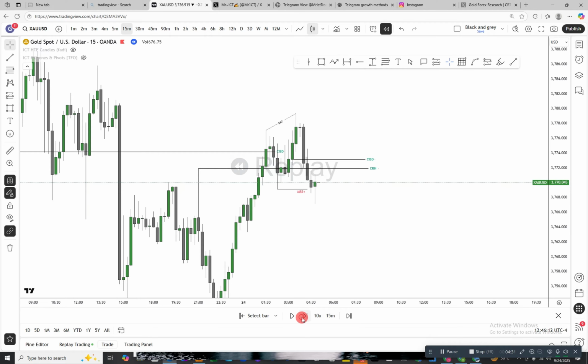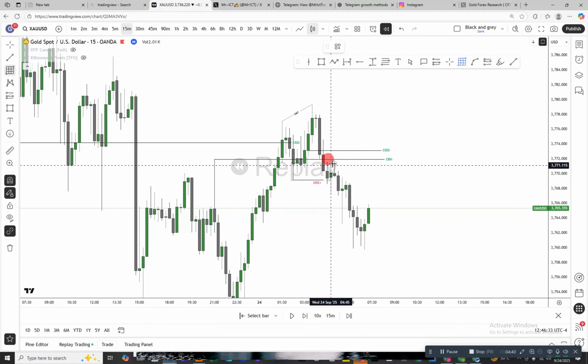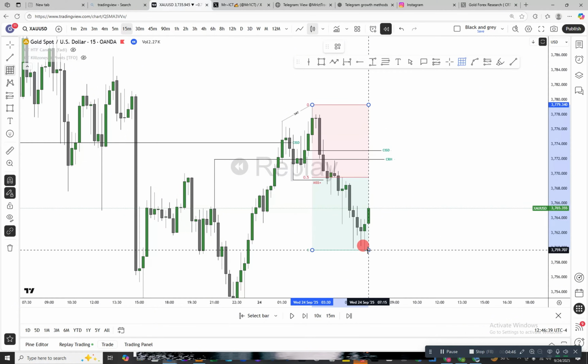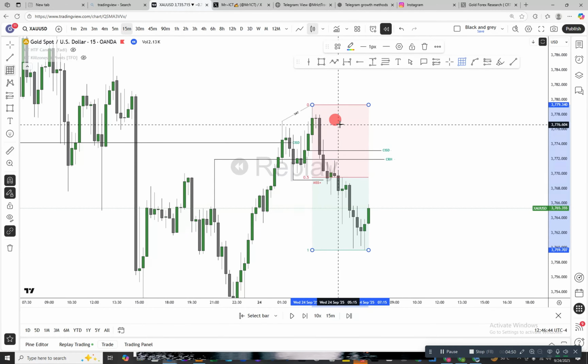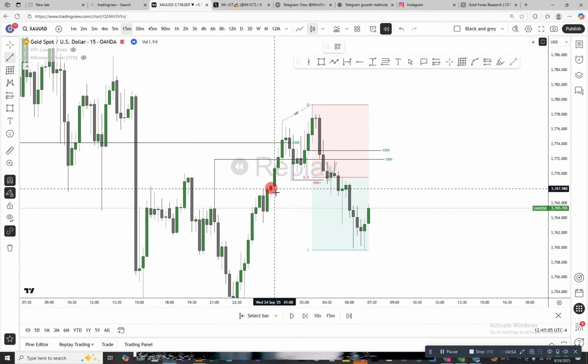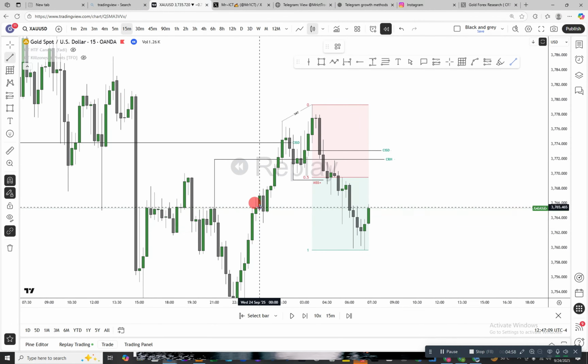Here I can see that price moved a whole way down without testing my area, so I put my Fibo on the whole move, and I have marked the premium and discount levels as well. Then I have marked my true day open as well, which was right here.